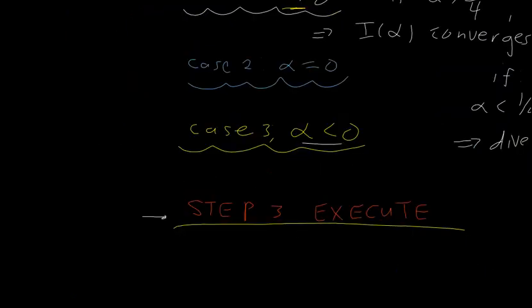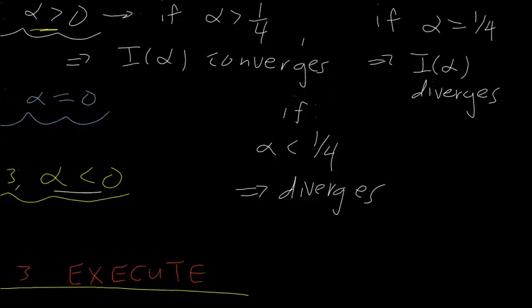remember, alpha less than 1/4 still includes 0 and all negative values, and the integral diverges. So our final result is that the integral converges exactly when alpha is greater than 1/4. When alpha is greater than 1/4, the integral converges absolutely.